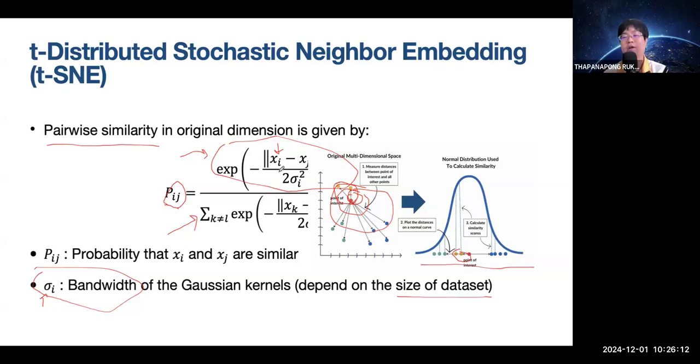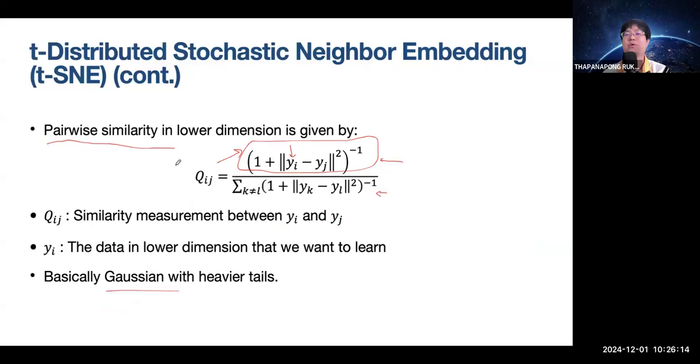But for Q, we don't actually know yi, because yi is what we want to learn, right? We want to learn yi. So we want to pick yi, basically.